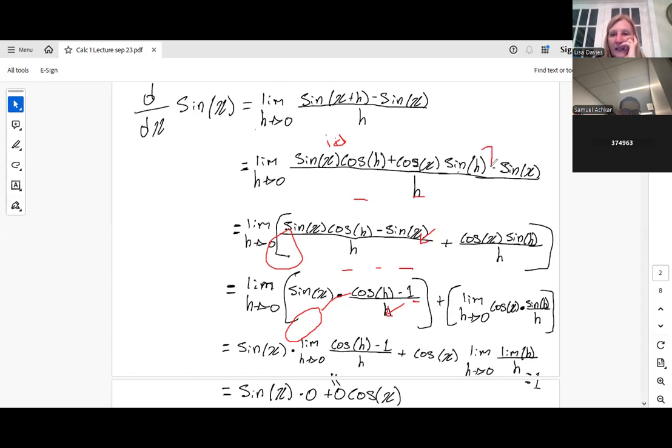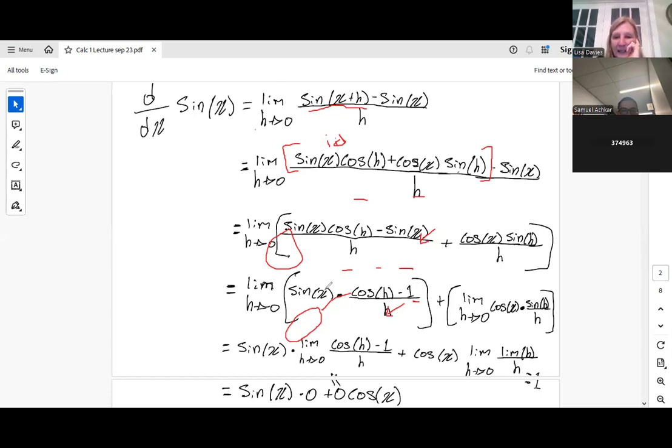So this whole thing here is equivalent to just this in the first question. And so he's splitting it up into two fractions now. He's done sine x cos h minus sine x, and cos x times sine h.